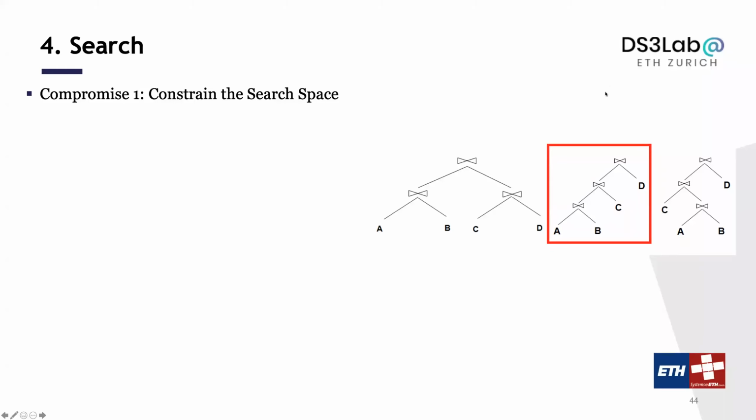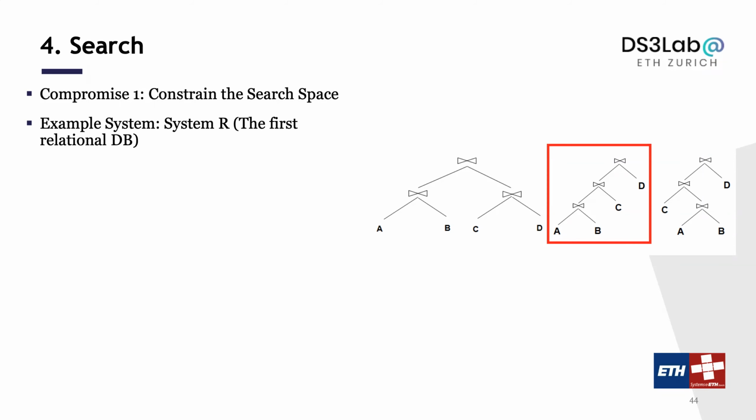Okay, sure. So yeah, we need to make some compromise, because we are talking about an exponentially large search space. One way to compromise is to constrain the search space. One example system doing that is the first relational database system, called System R, developed by IBM back in the 70s.